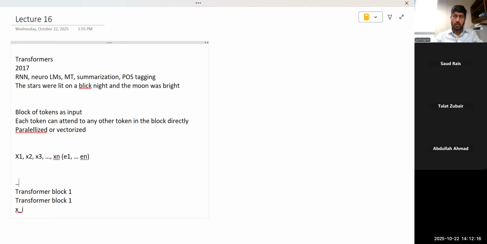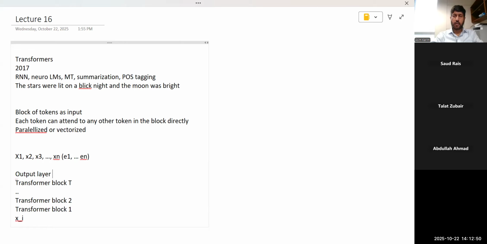And of course, you can have multiple stacked transformer blocks, one above the other. This is 2. So this is, let's say, transformer block T. And then you have the output layer here, depending on your problem.